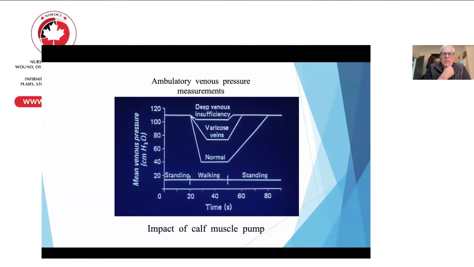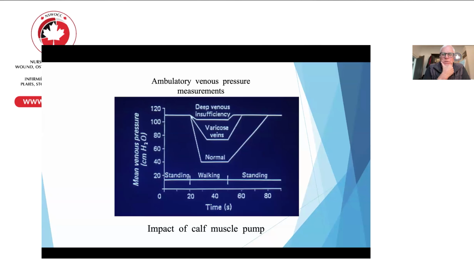And this is a schematic diagram just showing you the venous pressure in standing, when walking, and then when stopping and standing again. So whether you've got normal deep veins, varicose veins, or deep venous problems, your pressure when you're standing is essentially the same. But the key is when you're walking and using your calf muscle, you're pumping the blood out, you're reducing the pressure, and so you get that to drop down.